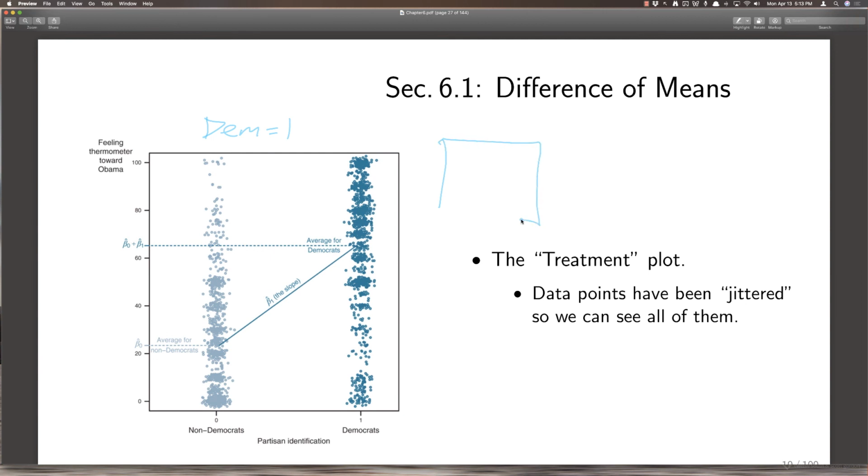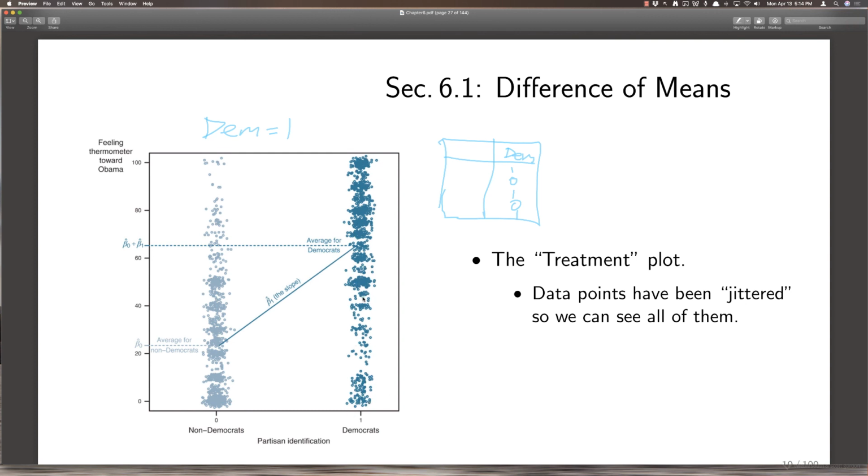In the data set, we would still just see a column called Dem, and that column is still just going to have 1s and 0s, all right? It's not going to jitter the actual data. But for display purposes, before it's plotted, you can call a jitter command in any stats program you want, just so we can see the volume of data, right? If all of these were forced to have a 0 as their x coordinate, we wouldn't really see how much of the volume of the dots is down here and how much is up here for the Democrats, right?